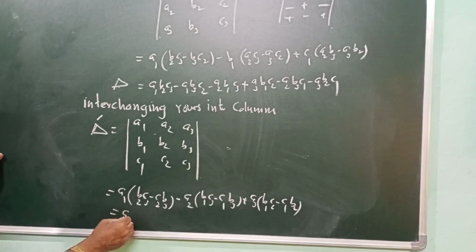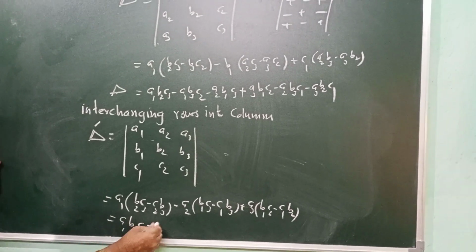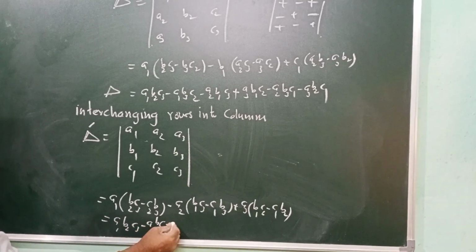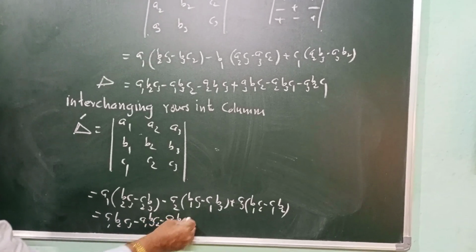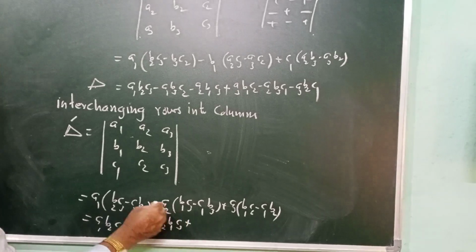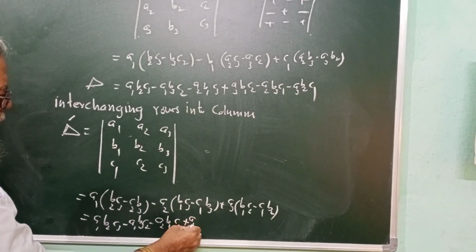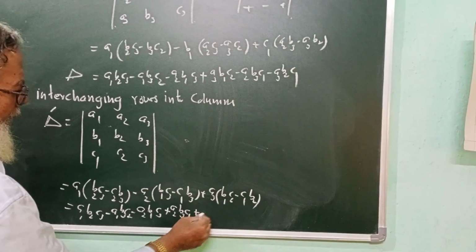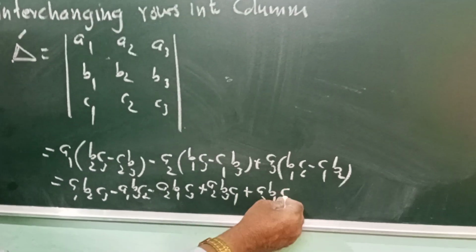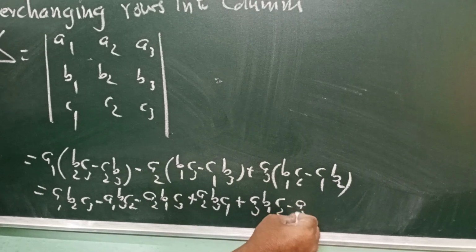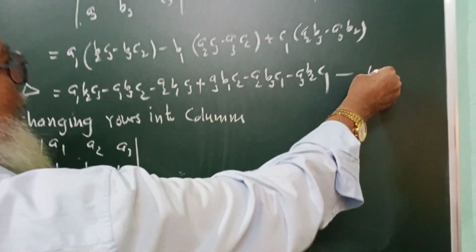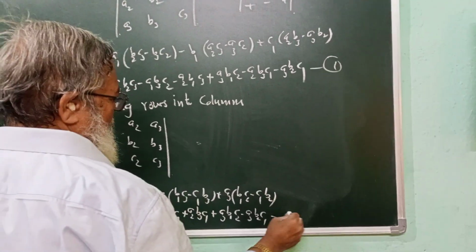Multiply: A1 B2 C3 minus A1 B3 C2 minus A2 B1 C3, minus of minus it is plus A2 B3 C1, and here plus A3 B1 C2 minus A3 B2 C1. This is equation 1. Now equation 2.